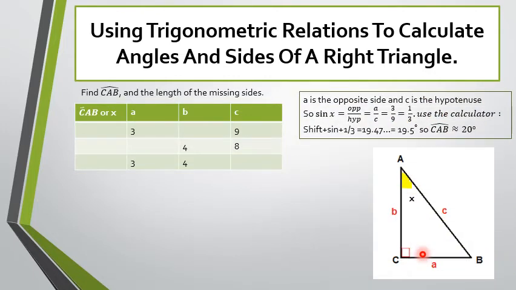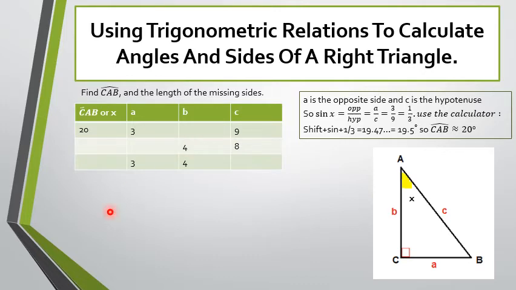So sine x is equal to opposite over hypotenuse, and the answer will be 1/3. Using the calculator, shift plus sine plus 1/3 is equal to 19.47. So CAB is approximately 20 degrees.